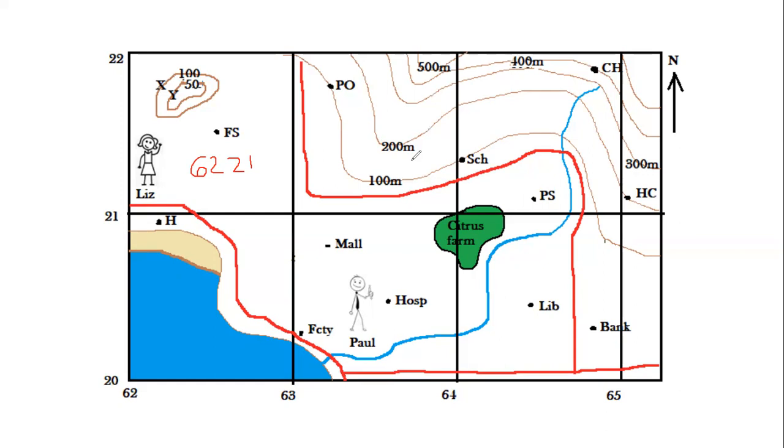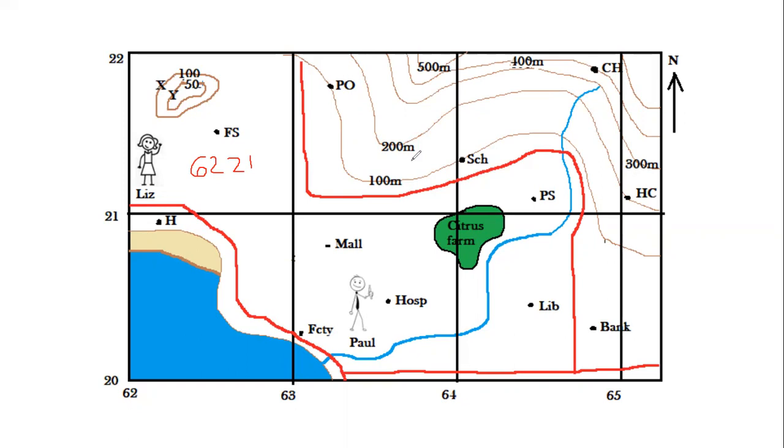I want you to tell me the 4-figure grid reference of the library, the grid square in which the library is located. If you can tell me the 4-figure grid reference of the library, then you could help out Liz so that she won't get lost. All right.